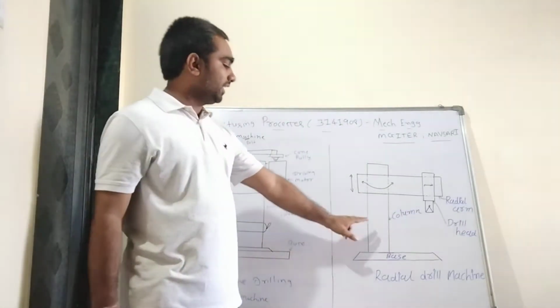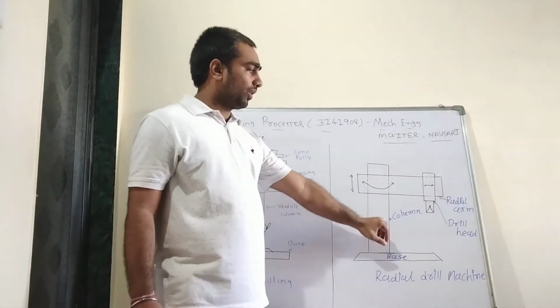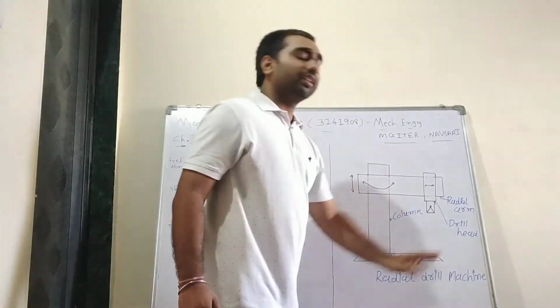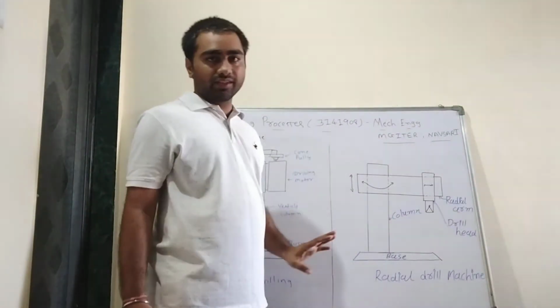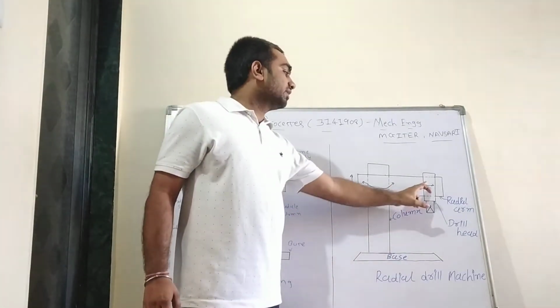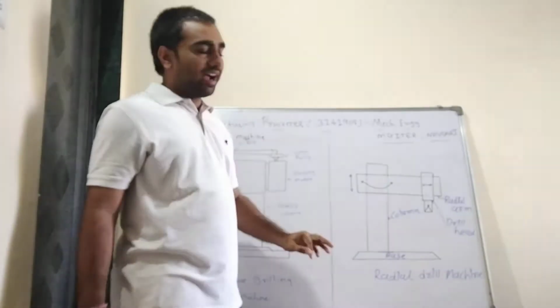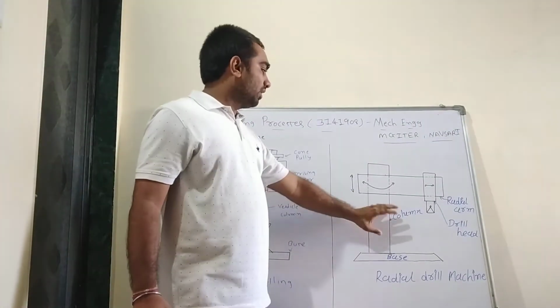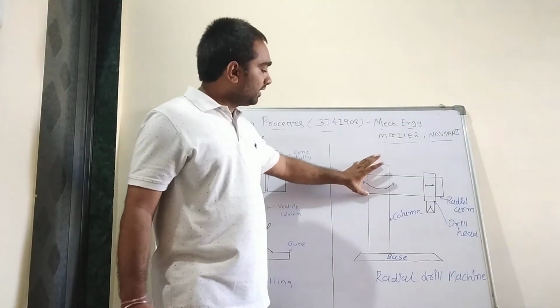In the figure of the radial drilling machine, there are the column, radial arm, drilling head and base. In the figure, the arrow shows the movable arm of the machine. First, the column moves up and down.